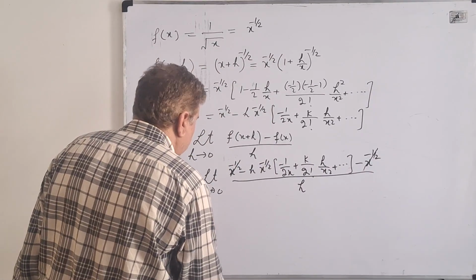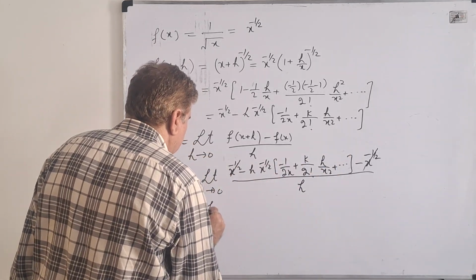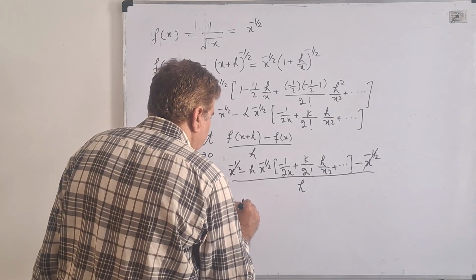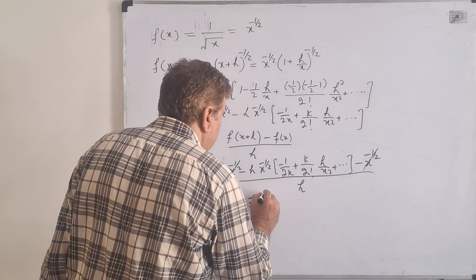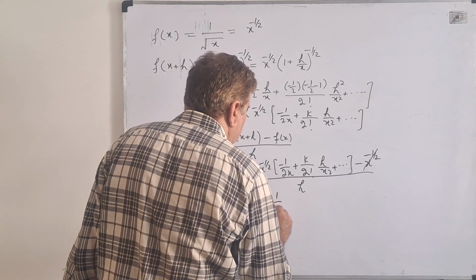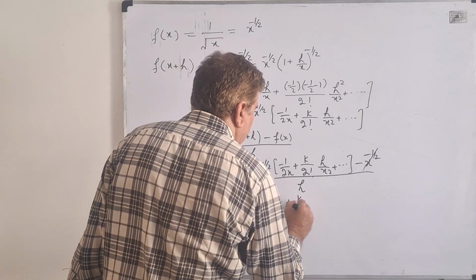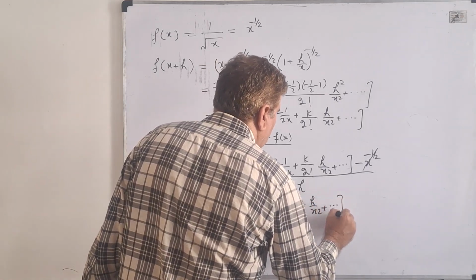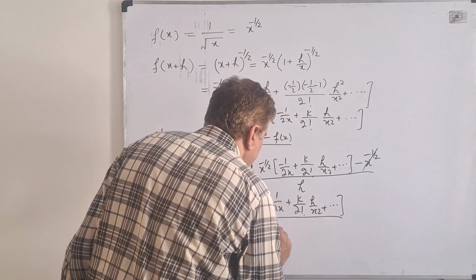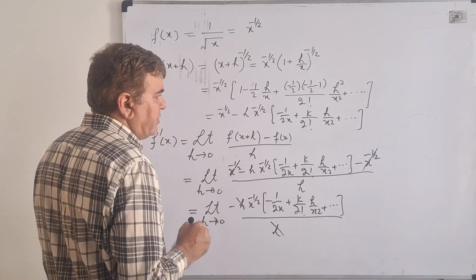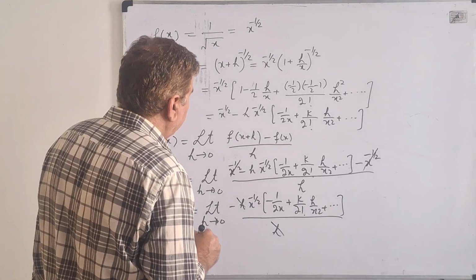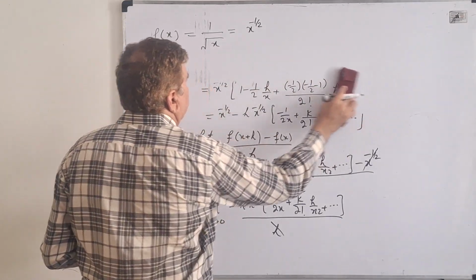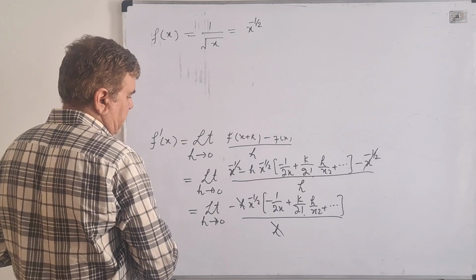I can write limit h tends to 0 of minus h x to the power minus half into minus 1 over 2x plus k divided by 2 factorial h divided by x squared, and so on, and this whole divided by h. I can cancel this h with this h, and I can write this over here. This is not needed.